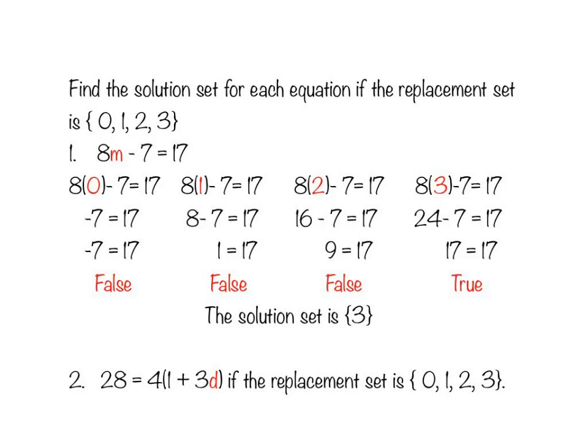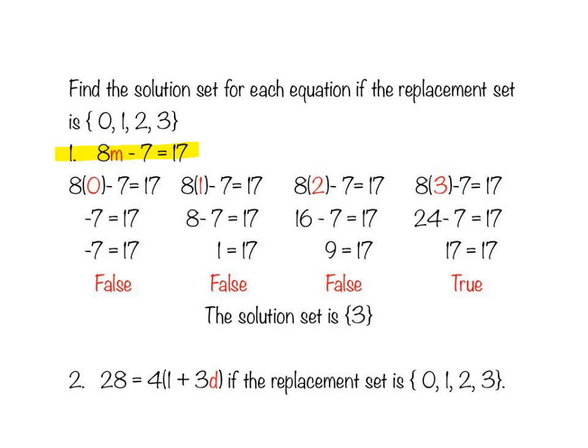Okay, let's look at example 1. It says this: find the solution set for each equation if the replacement set is 0, 1, 2, 3. And here's the problem. Number 1, 8m minus 7 equals 17.